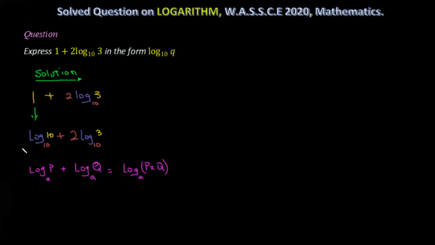When you bring this down, you have log 10 base 10 plus log, and this 2 here will become the power of 3, so you have 3 raised to power 2 base 10.